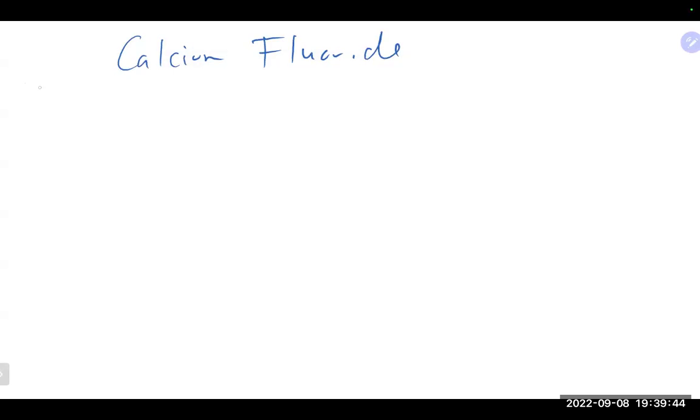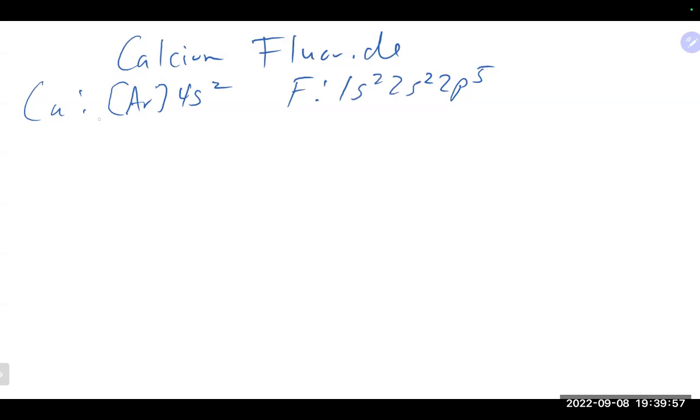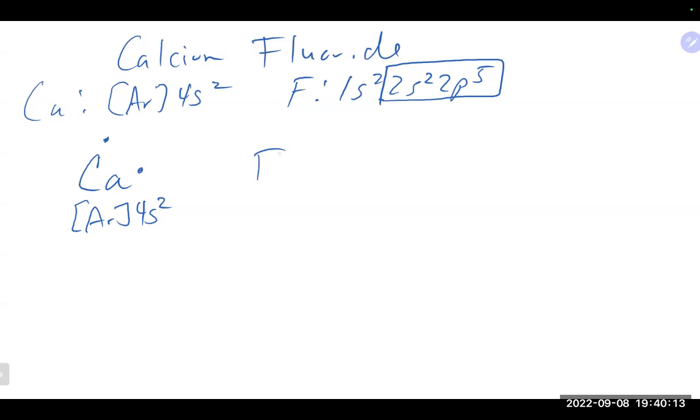So once again, we have our calcium, which is argon 4s2. We have our fluorine, which is 1s2, 2s2, 2p5. Once again, our calcium having its 2 valence electrons. Our fluorine here, which has its 7 valence electrons.